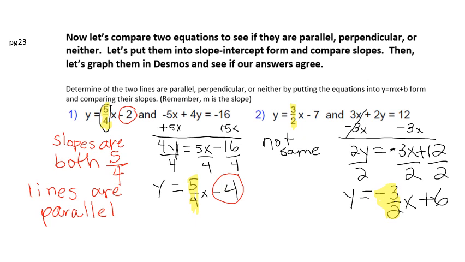They're both with a 3 in the numerator and a 2 in the denominator. So these are not perpendicular either. These are just two lines that will cross at some point. But we call them neither. They are neither parallel, nor are they perpendicular.